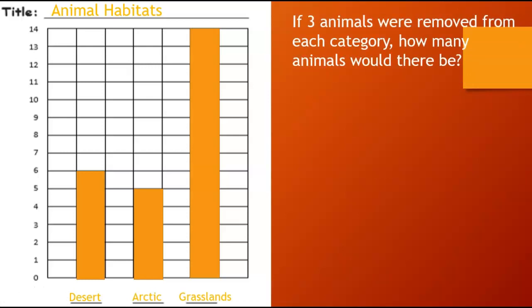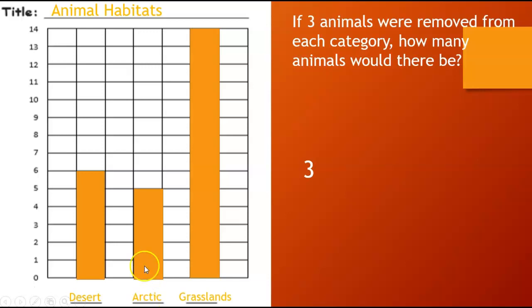If 3 animals were removed from each category, how many animals would there be? Okay, so we need to remove 3 from each category and then add all those together. So if we take 3 away from the desert category, how many are there already? There's 6, and if we take 3 away, it is 3.